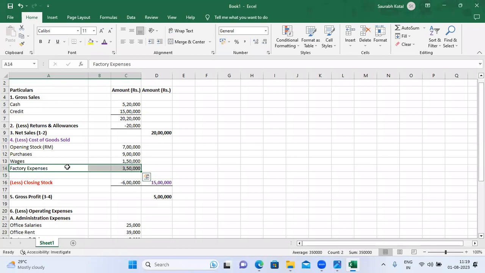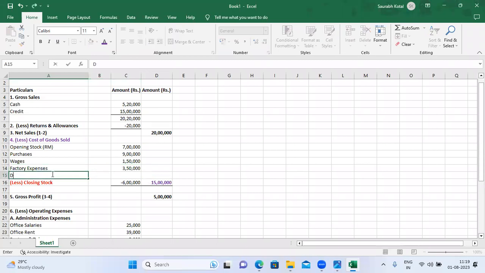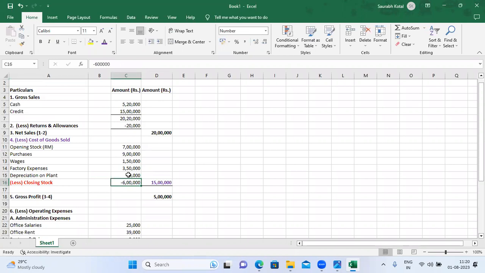They have given a bifurcation of depreciation, so I have to write depreciation. What is the amount of depreciation on plant? The amount of depreciation on plant is 30,000. Remember, during your examination, you will not be able to rub or cut because it will disturb your format. So do not total until you complete your sum.